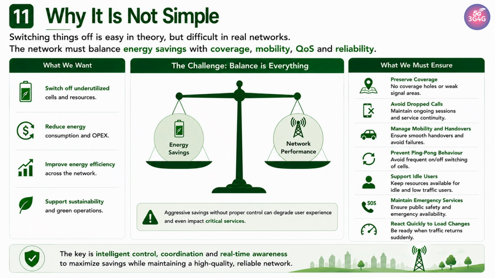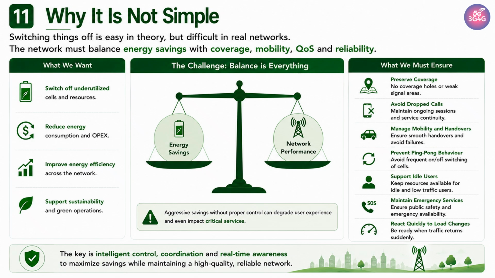It must support idle users. Even when there is no active traffic, users still need to camp on the network, receive paging, and access services when required. It must maintain emergency service availability. Energy saving must not compromise public safety or emergency access.